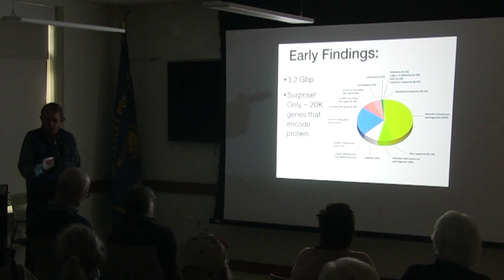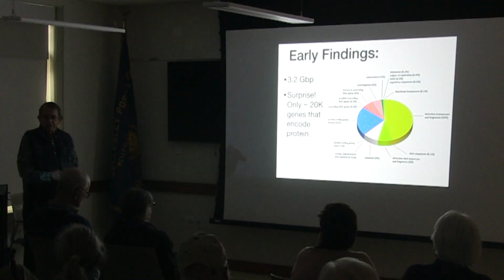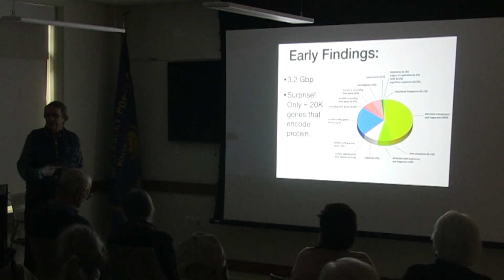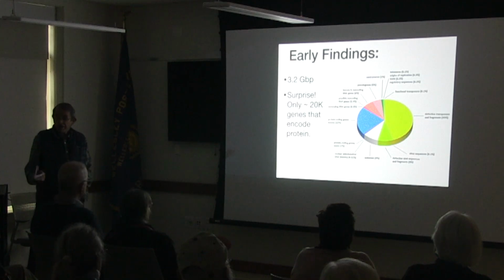It's all coding. It's very efficient. So the real question becomes, what the heck are you carrying all this other stuff around for? It requires a lot of energy on the part of a cell to replicate stuff that's useless, that's junk.